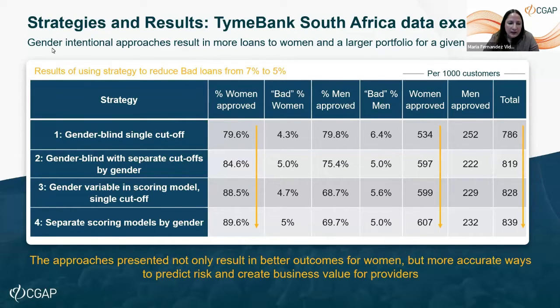And then the other thing to point out is, while, as Dean was saying, we expect this to be ordered in this way, the additional value that you get from one strategy versus the other depends on how much data you have. So there's a question here on which strategy would work better, specifically using alternative data sources for women with no credit bureau footprint.